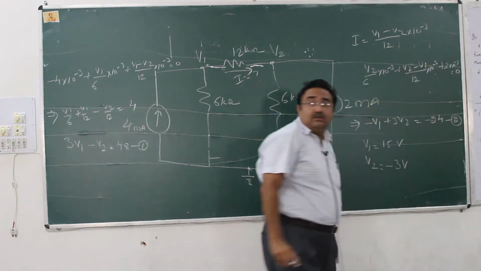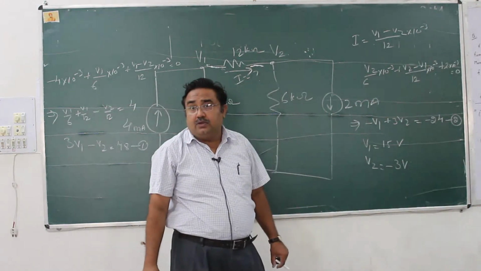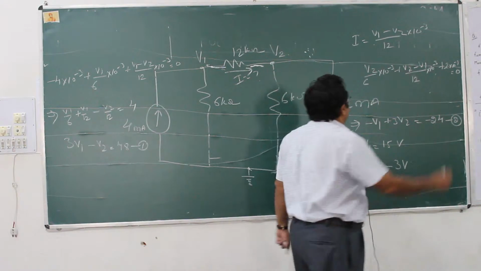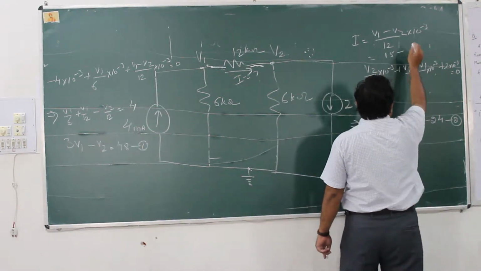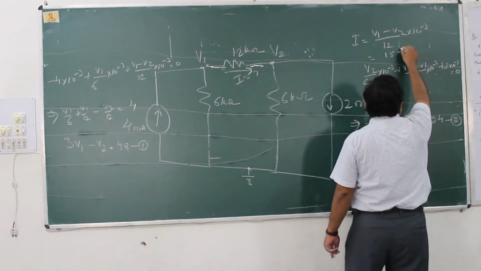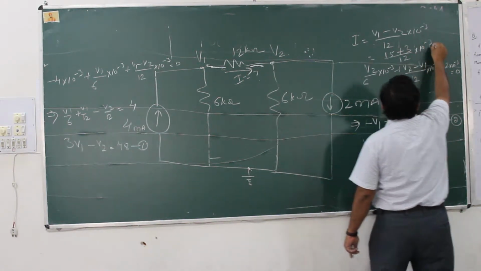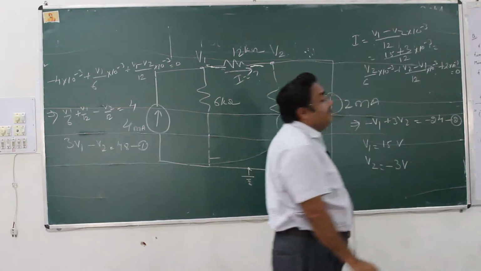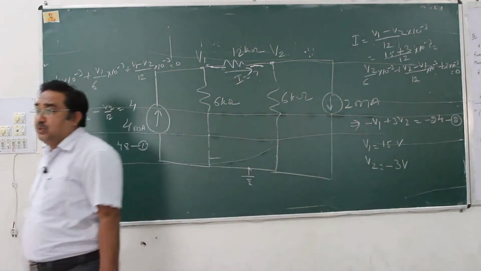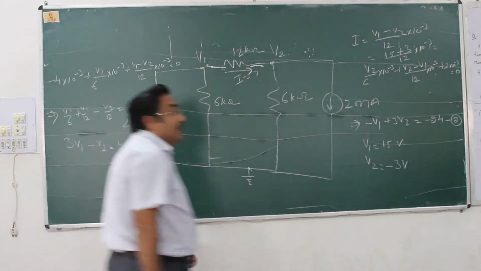Do you agree or not? So what is V1? 15 minus minus 3 means plus 3, upon 12 into 10 raised to the power minus 3, which on solving comes out to be 18 by 12, which is 3 by 2, that is 1.5 milliampere.